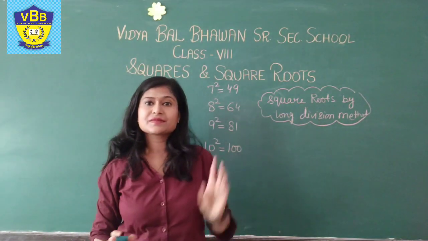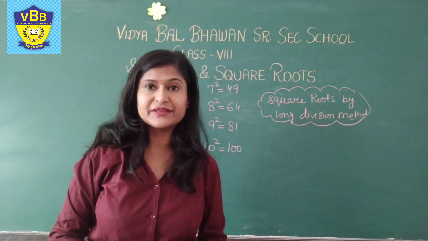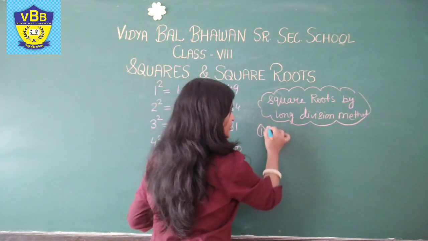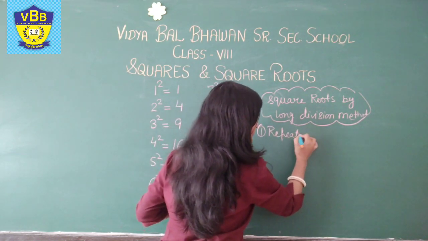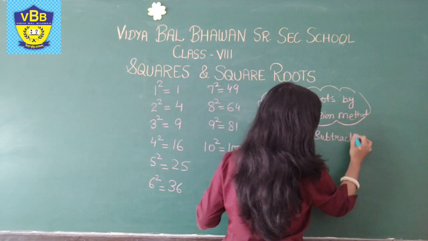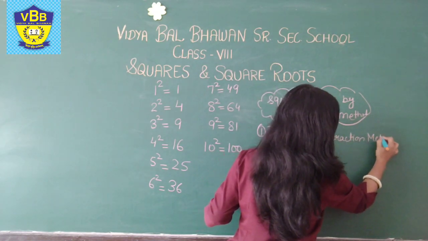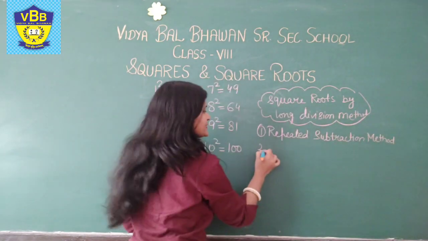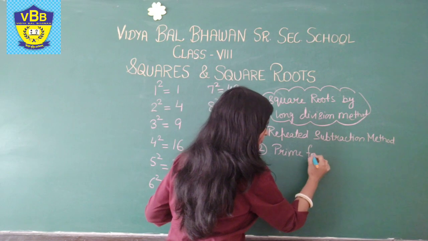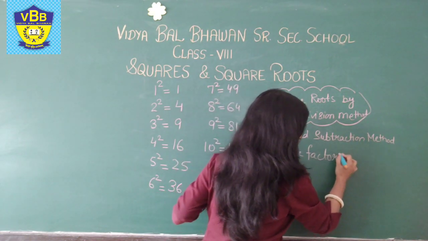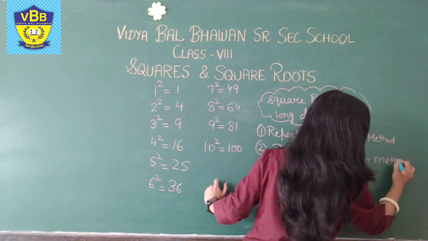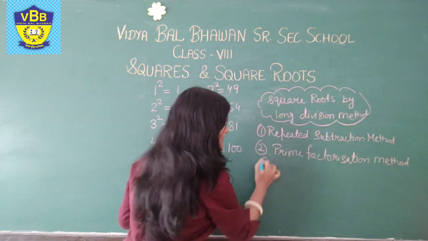First is the continuous subtracting method, the repeated subtraction method. Second method is the prime factorization method. And third method is the long division method.